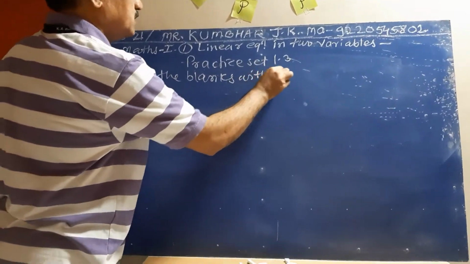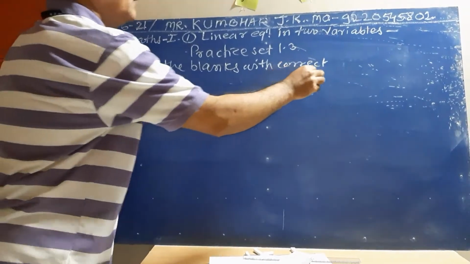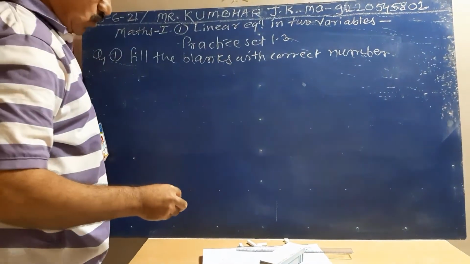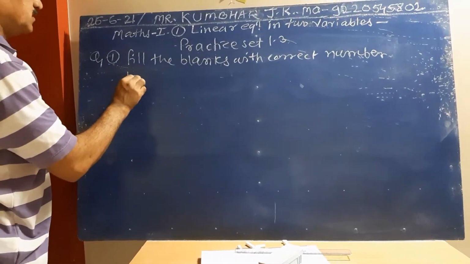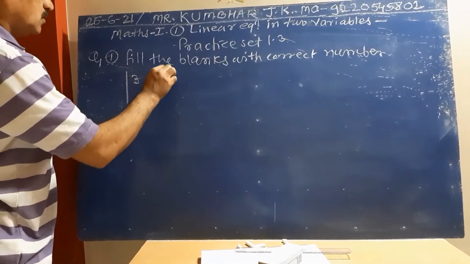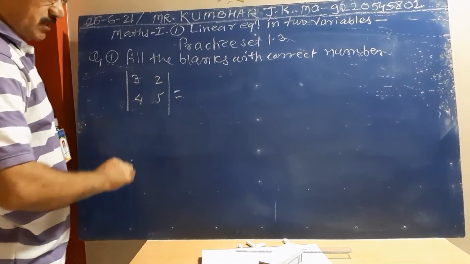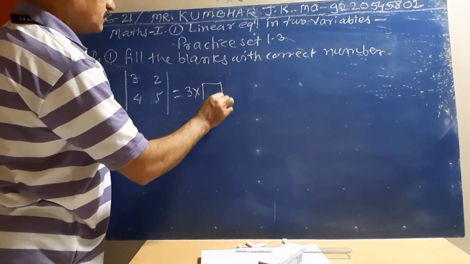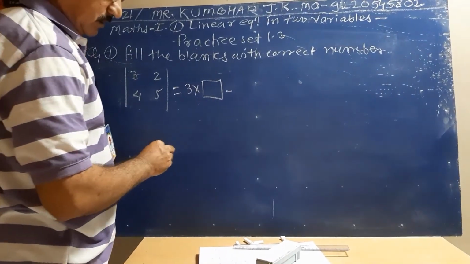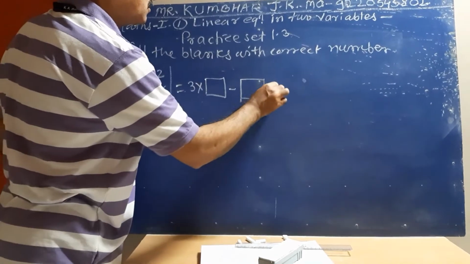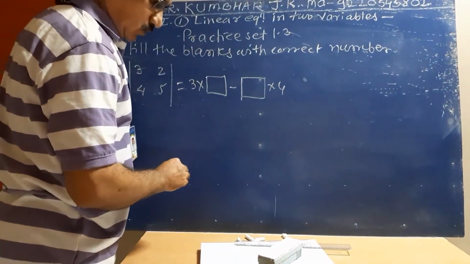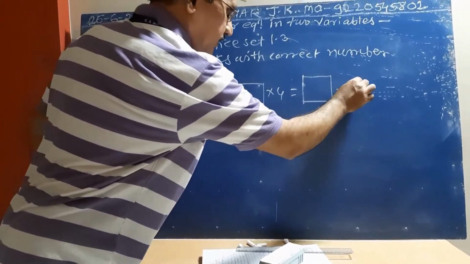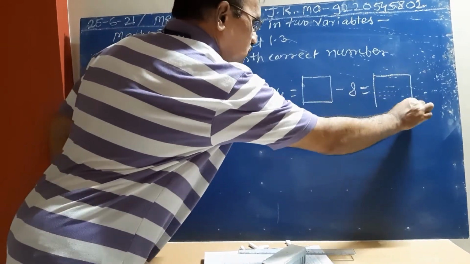In the determinant 3, 2, 4, 5, it is equal to 3 into box minus box into 4, which is equal to box minus 8, which is equal to box.